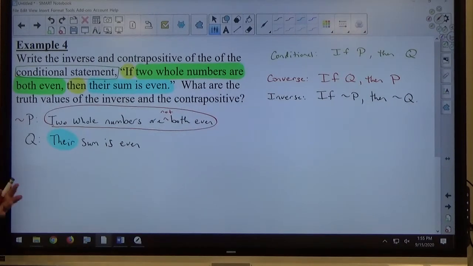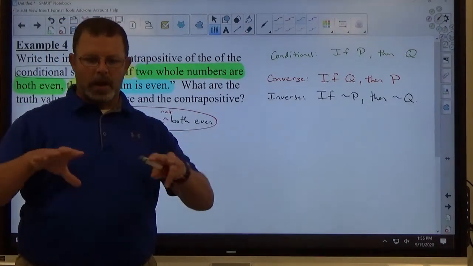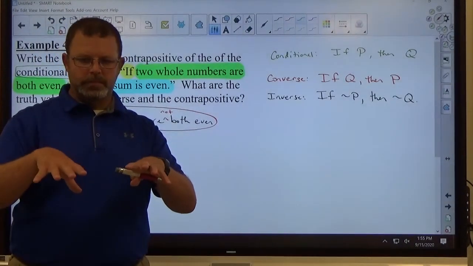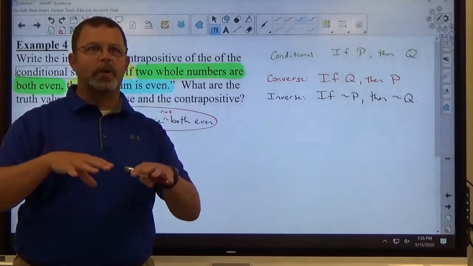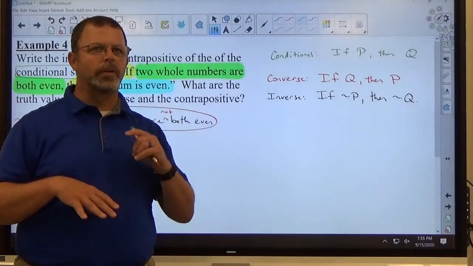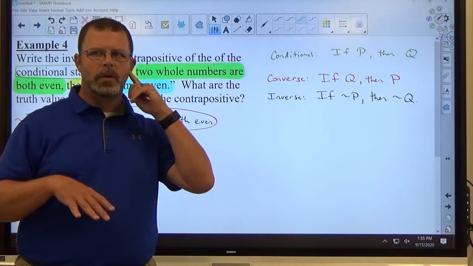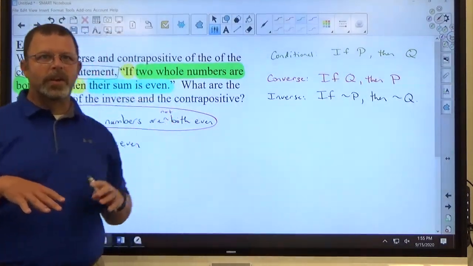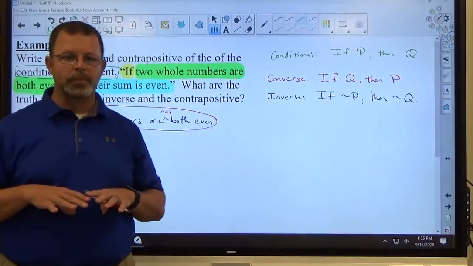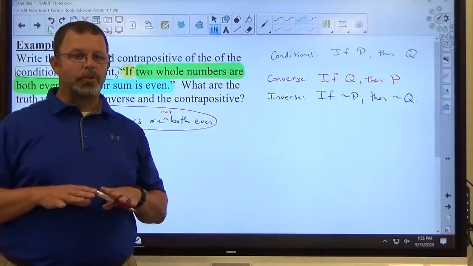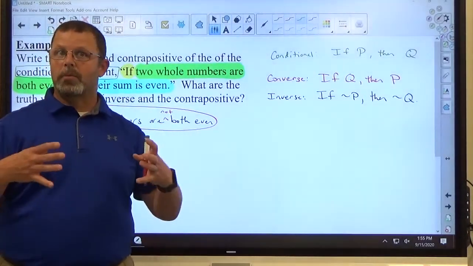Let's say I've got a group of marbles, and I've got some red marbles and some green marbles. What are the primary colors? Red, yellow, and blue are the primary colors. So let's say I had red marbles and blue marbles, and I wanted marbles that are primary colors. It's all of them, right?